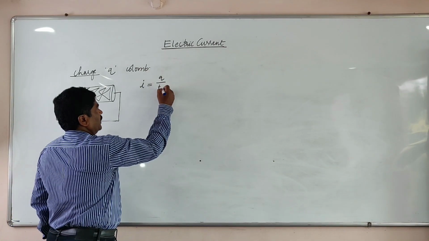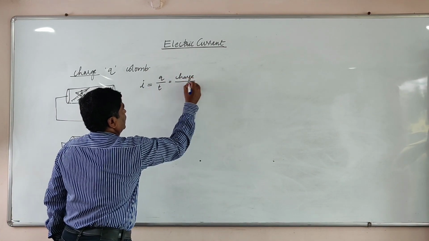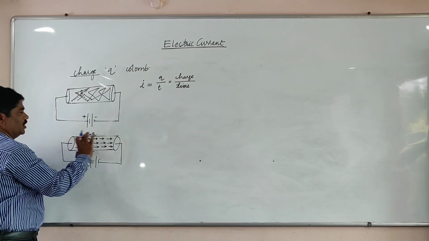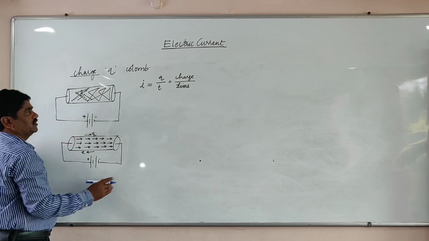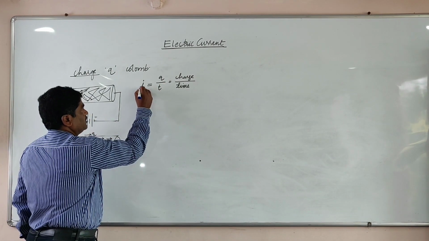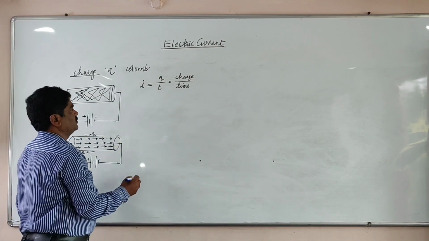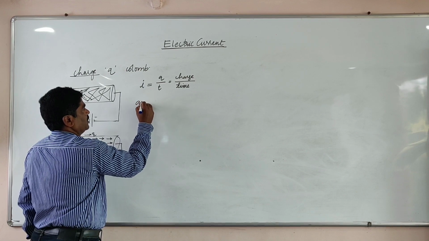That is, charge divided by the time of flow. Electric current is nothing but the rate of flow of electric charge. And the unit of electric current is what? Ampere.